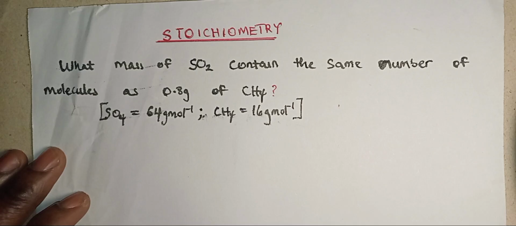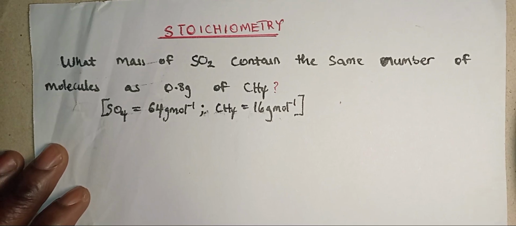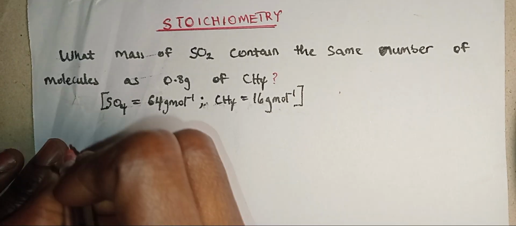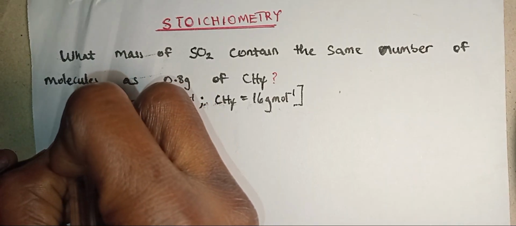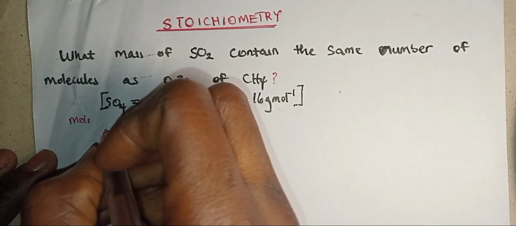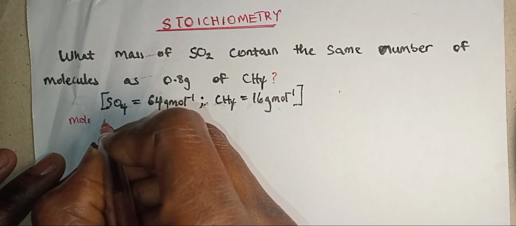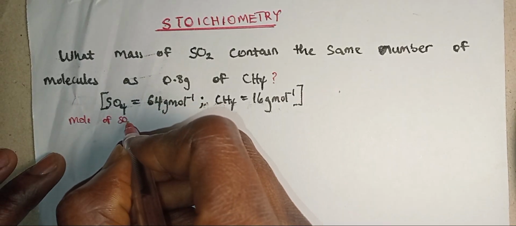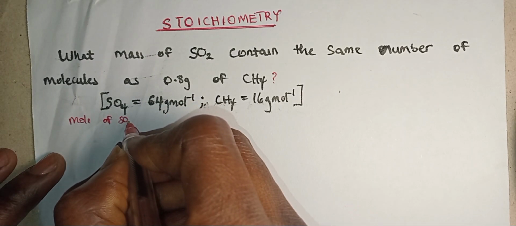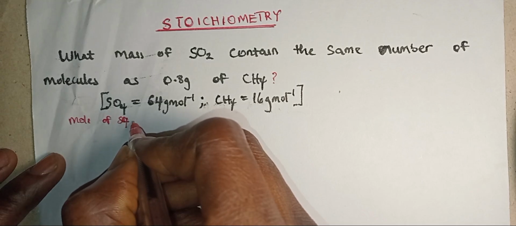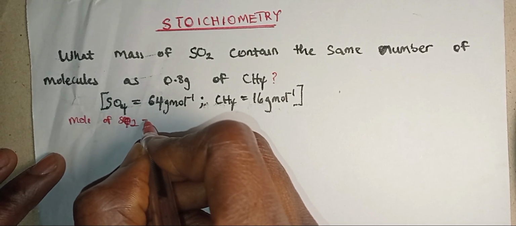So now let's first copy what we are given. Instead, we should find the mole. Let's say that we have the mole of SO2, the mole of SO2, to be equal to unknown.